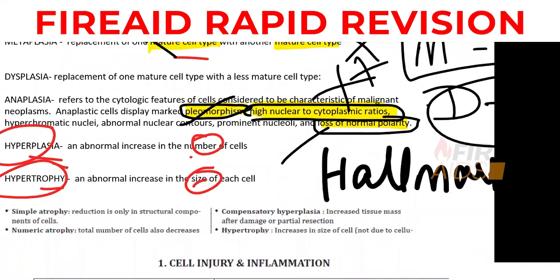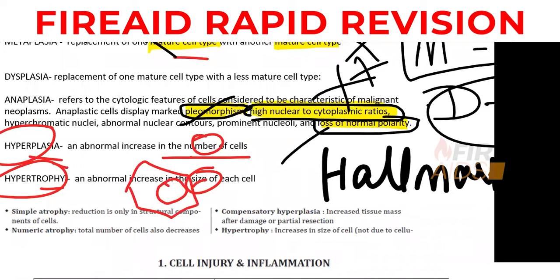Okay, so in hyperplasia, the DNA content will be the same as in normal cells. Even though the number of cells increases in hyperplasia, the DNA content will be the same as in normal cells. Whereas in hypertrophy, the size of the cell keeps growing, so the DNA content will also grow.